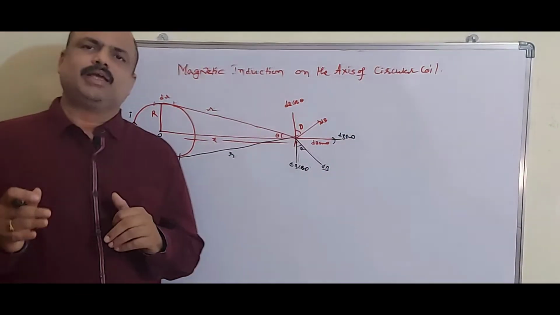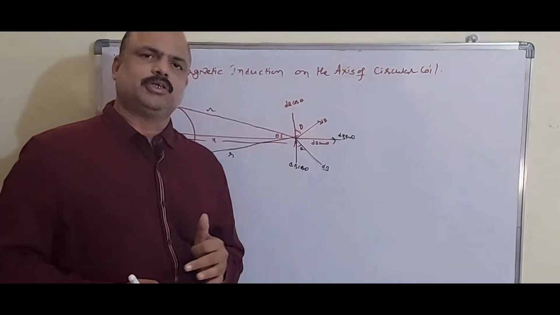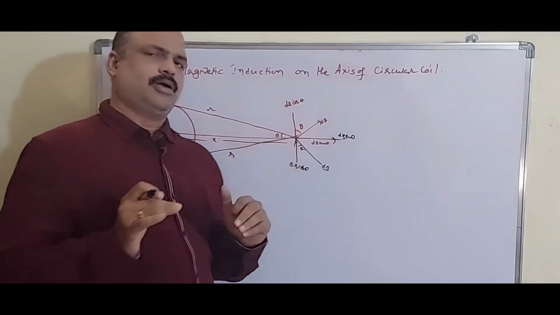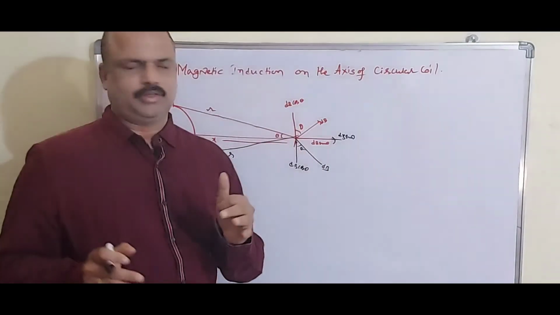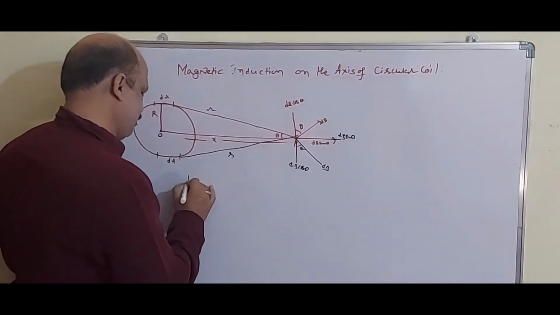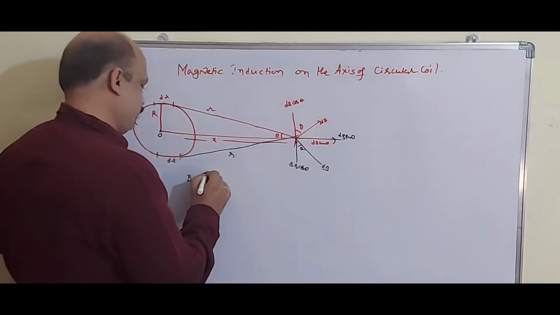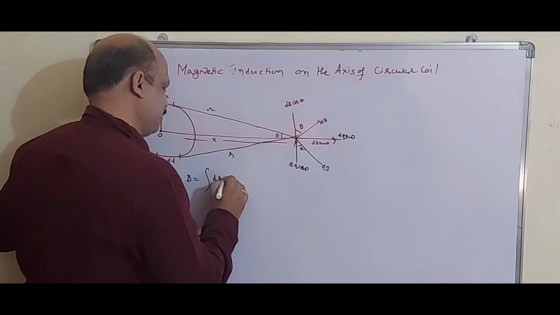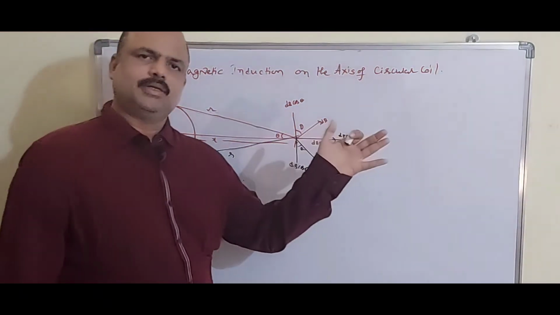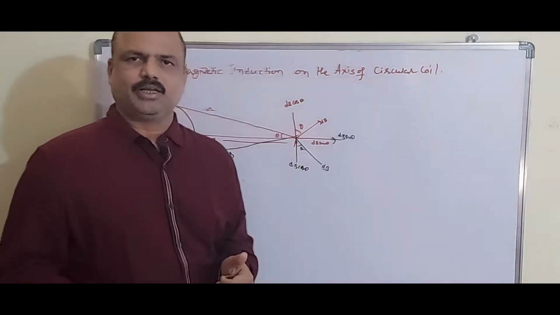That means when we take diametrically opposite elements, the vertical components dB cos theta cancel out, and only dB sin theta components add up in the same direction. So the total magnetic field due to the entire length of the conductor at P is the integration of dB sin theta.